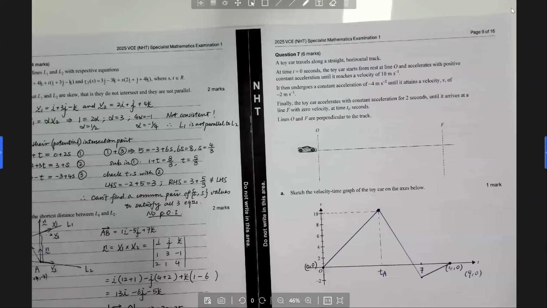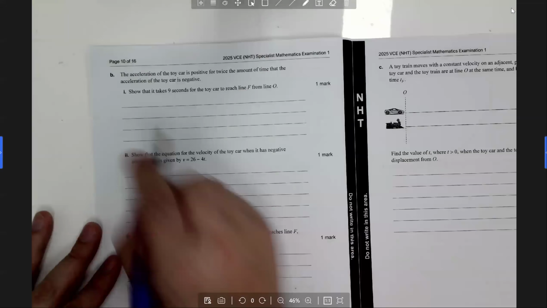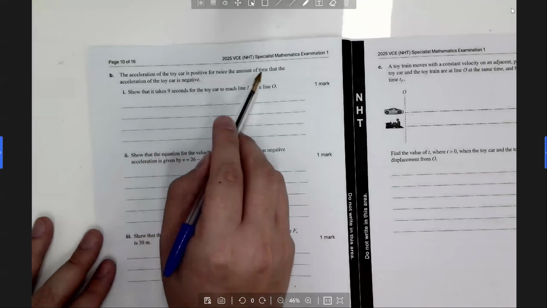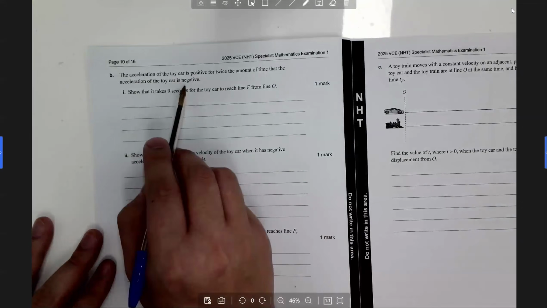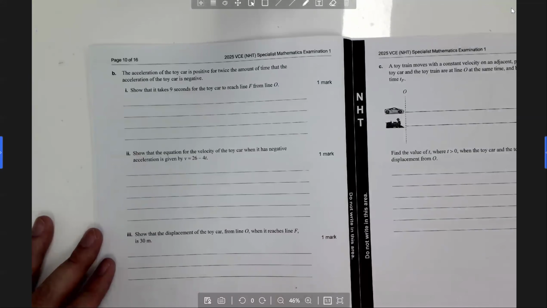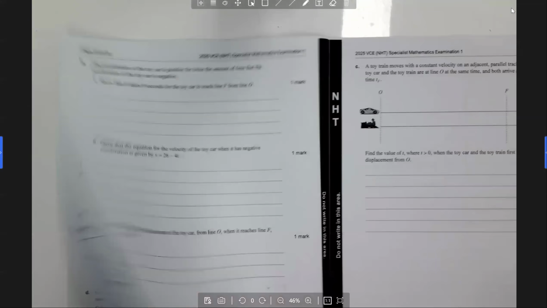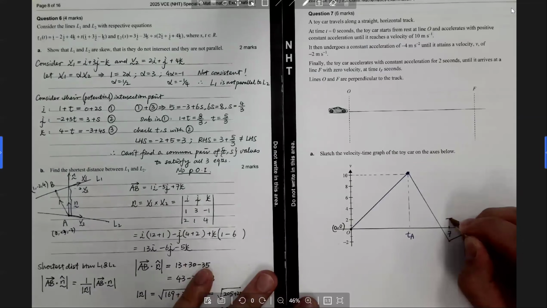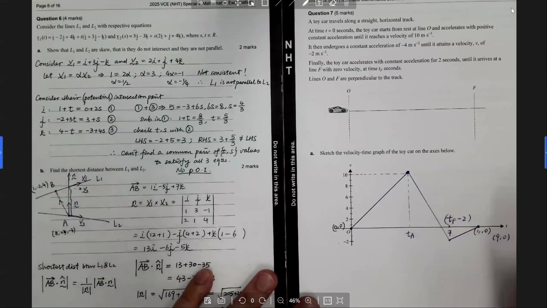And so the next part, the acceleration of the toy car is positive for twice the amount of time that the acceleration of the toy car is negative. Okay, show that it takes 9 seconds for the toy car to reach line F from line O. Okay, so I'm going to refer to what's happening here. This is actually TF minus 2, if I assume this is a 9, okay?